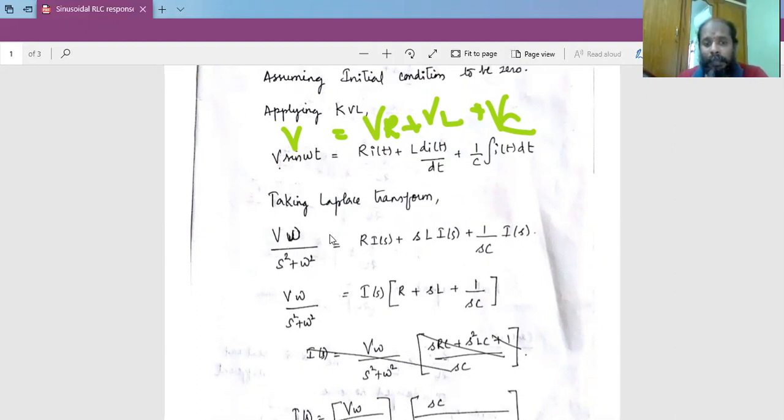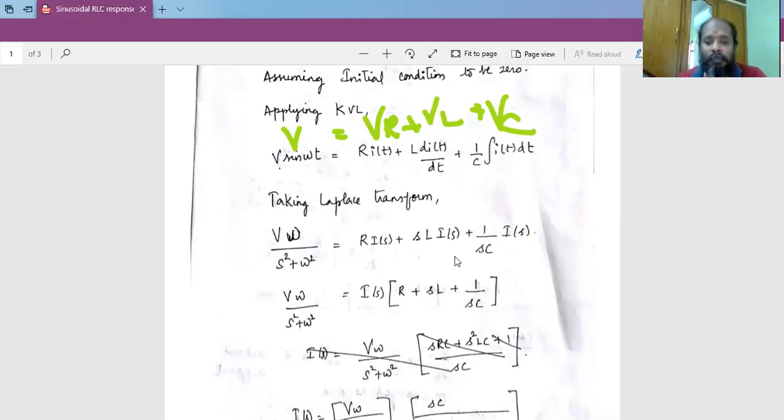If you take the Laplace transform, you get this expression: R into I of s plus s into L into I of s. The initial condition I of 0 will not be there, and the capacitor does not have any initially charged value, so it is going to be 1 by SC into I of s. Now take I of s common, and you get R plus SL plus 1 by SC.